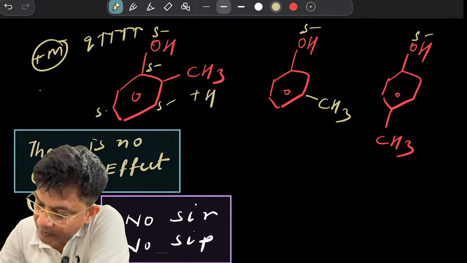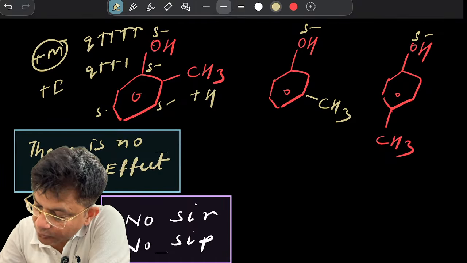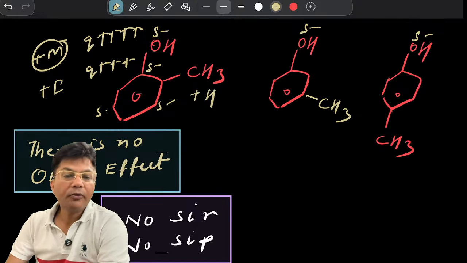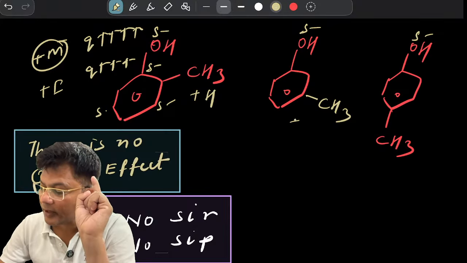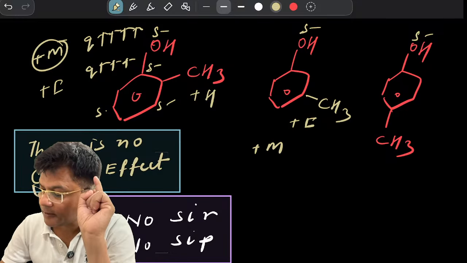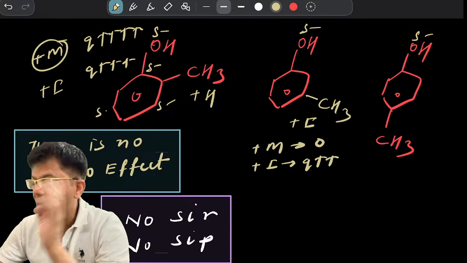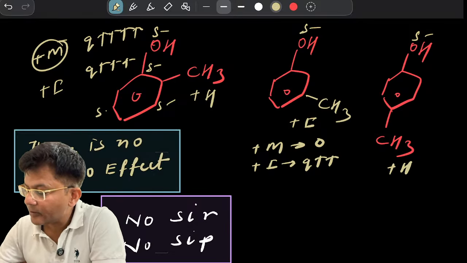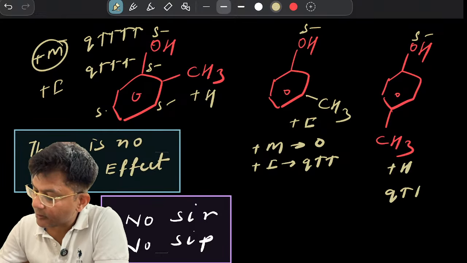This is due to plus M, and here is due to plus I. So too much charge got increased. Now from meta no resonance, only plus I is valid. So the effect of plus M is 0 from meta because it is not applicable, and due to plus I the charge will increase 2 points. From para plus M is applicable, so due to plus M the charge will increase 4 points as in the starting.